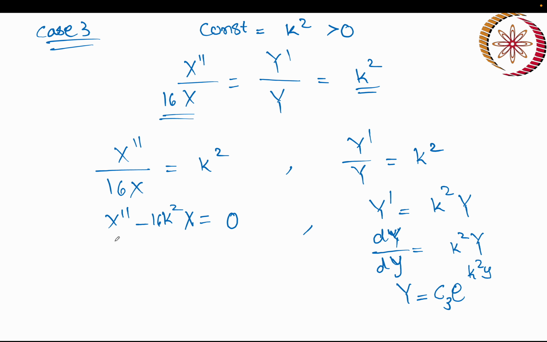So let's find out. So in this case the roots, or eigenvalues, or you can say the roots of the characteristic equation will be plus 4k, minus 4k, and if you write the solution, the x will be c1 e raised to 4kx plus c2 e raised to minus 4kx, and then we'll take the multiplication.